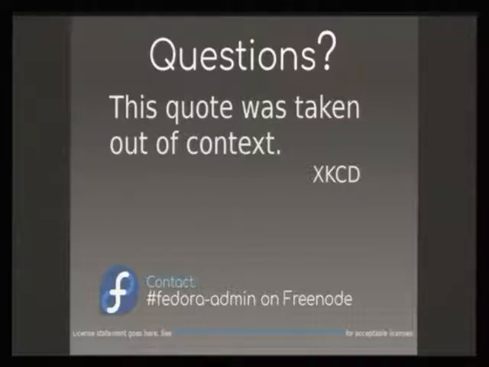Any other questions? So is Bodhi aware of this override at the container level? For example, could a rebuilt layered image go through into stable even if the base image was voted down? The question is, is Bodhi aware of containers and specifically the layering, and could a dependent layer go to stable before its base layer goes to stable?